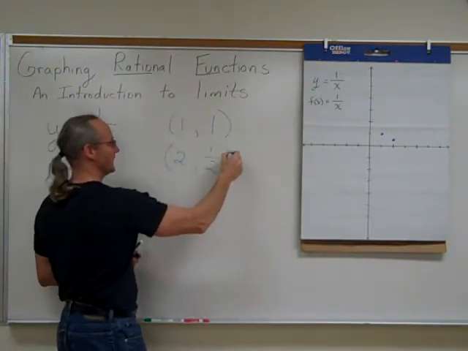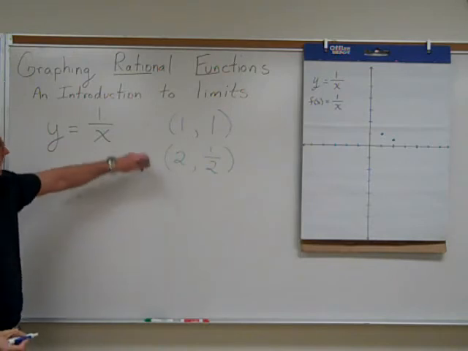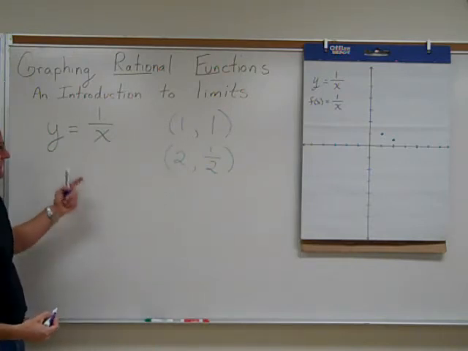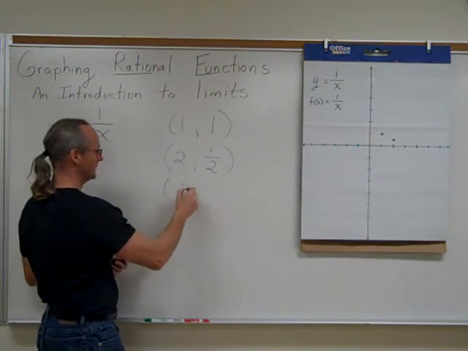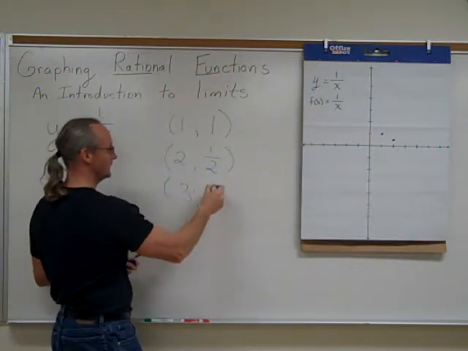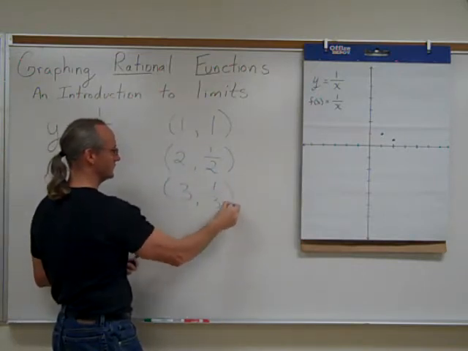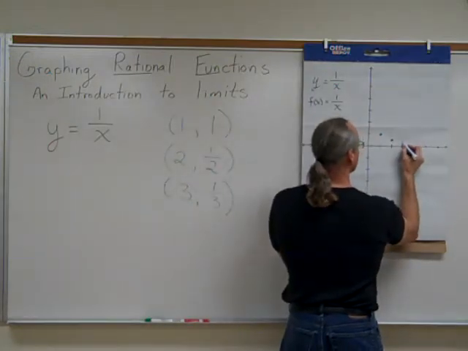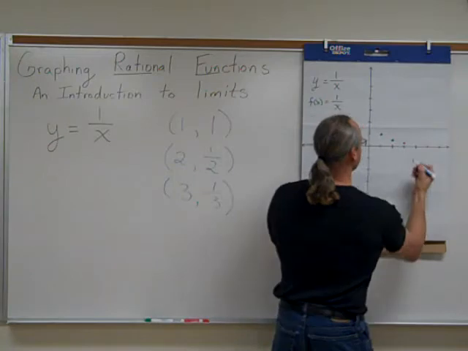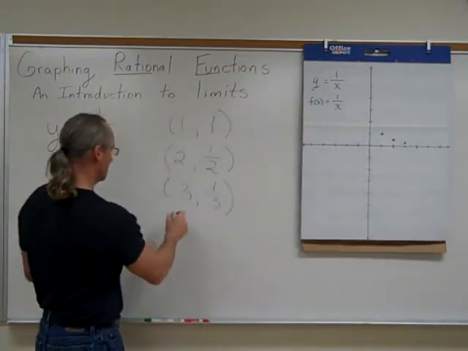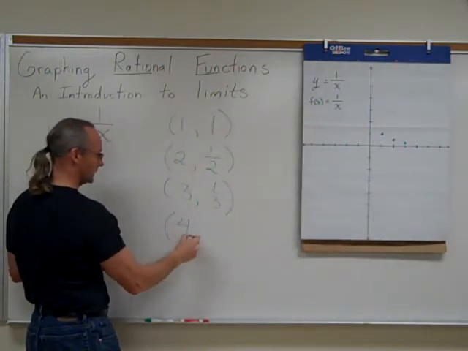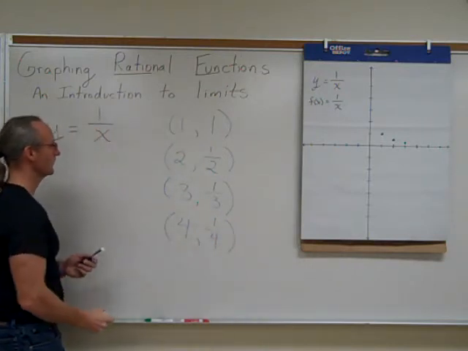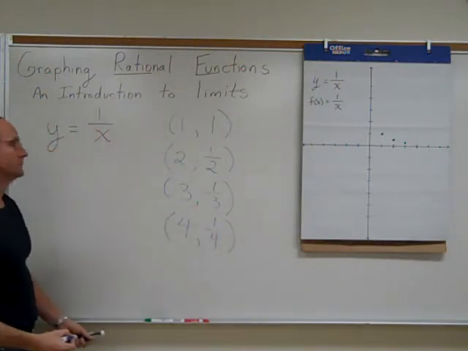We want to keep in mind that these points are nothing more than solutions to the equation. 3 gives me 1/3. And 4 gives me 1/4, 1 divided by 4.